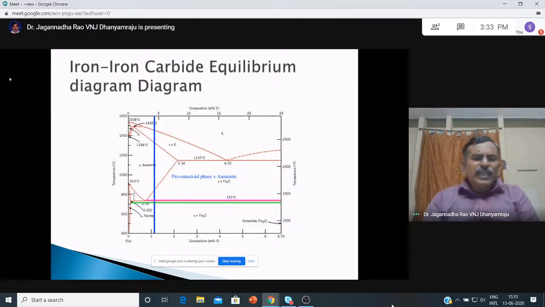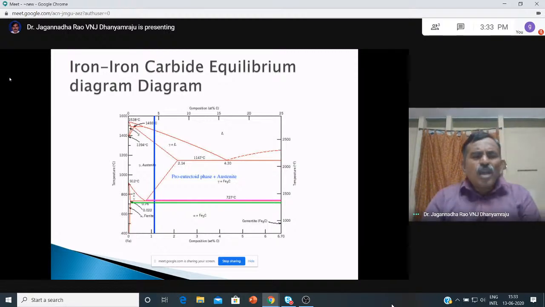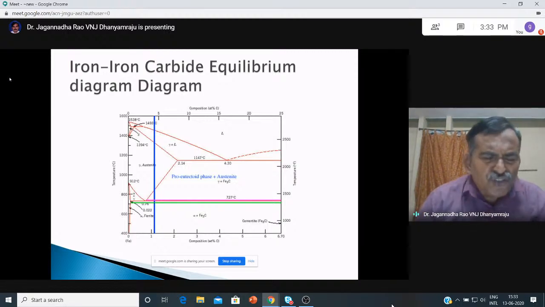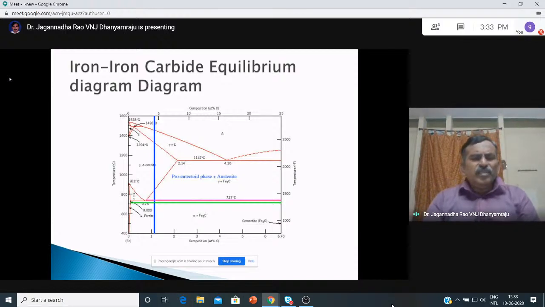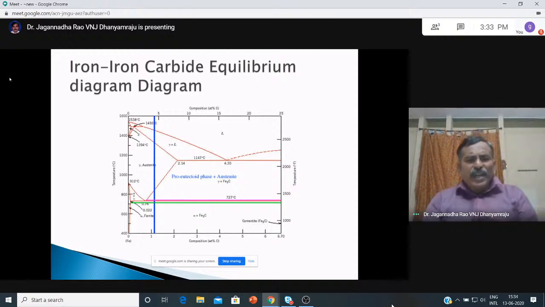Okay, and the alloys to the left of eutectoid reaction are called hypoeutectoid steels. Right? They are called hypoeutectoid steels, and the alloys to the right of eutectoid reaction are called hypereutectoid steels. So that is the difference we have.